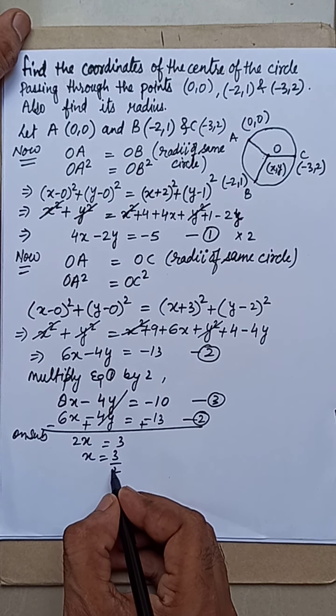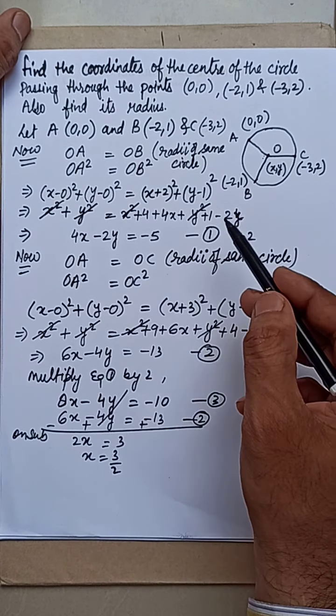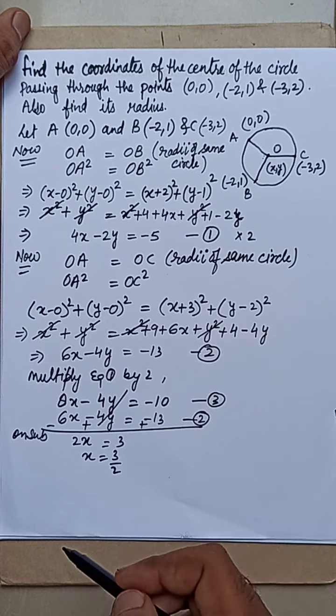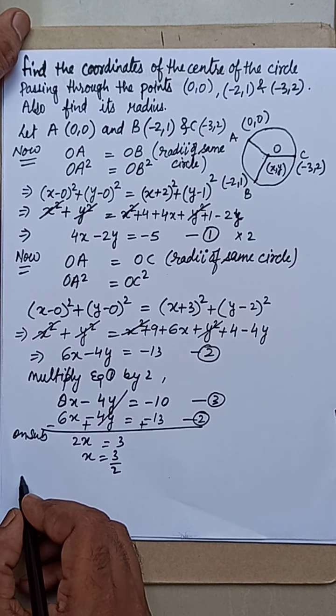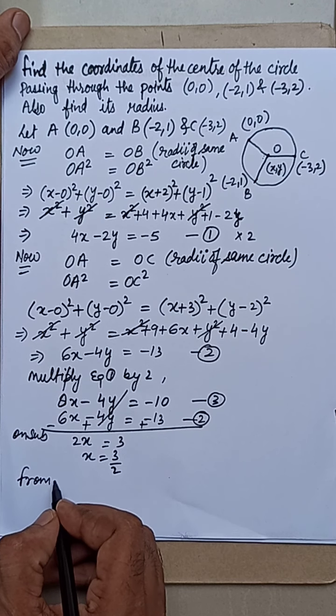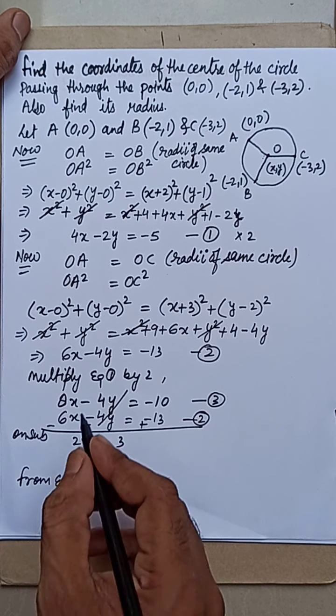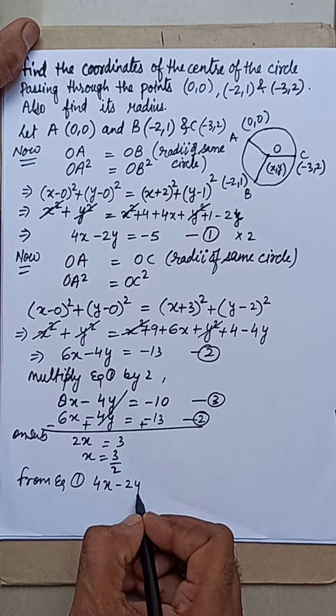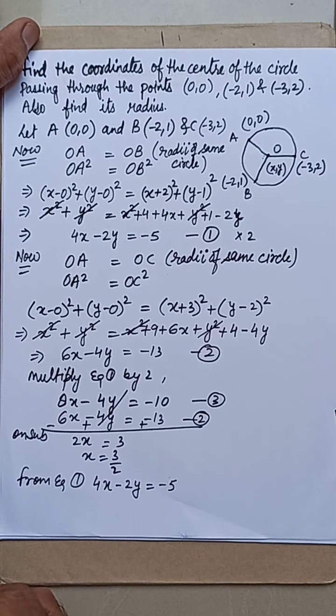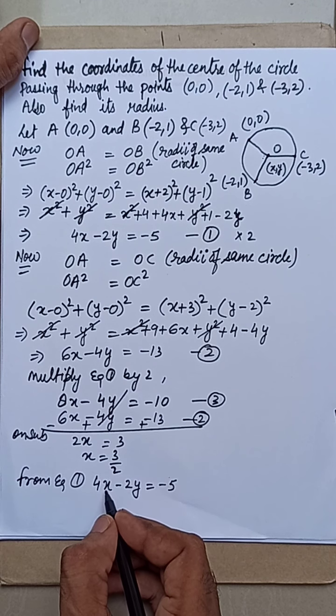Now this value of x can be put in either the first equation or the second equation, and we can get the value of y. From equation 1, 4x minus 2y is equal to minus 5. In place of x we write 3 upon 2.